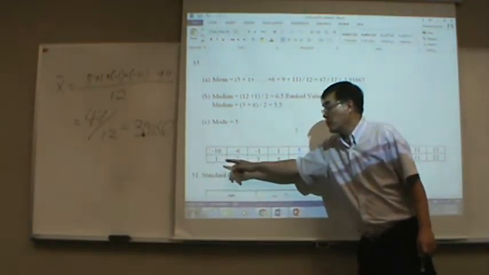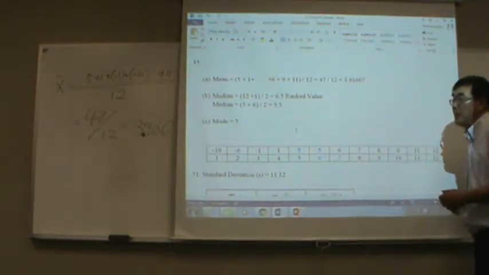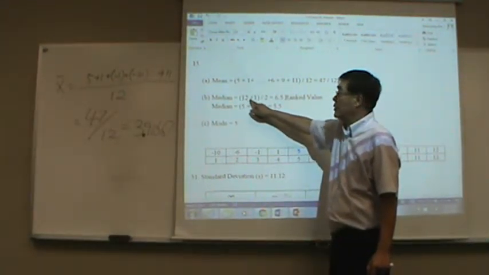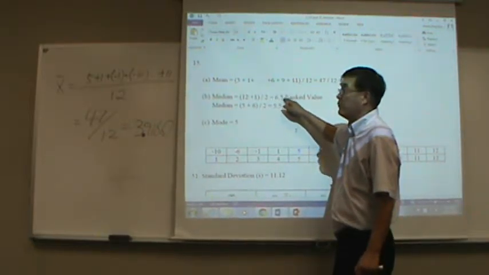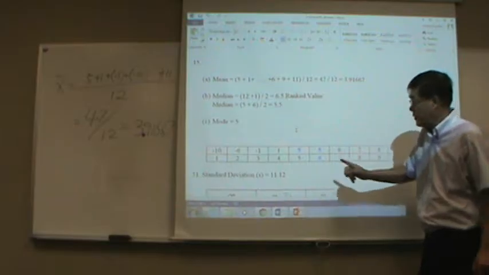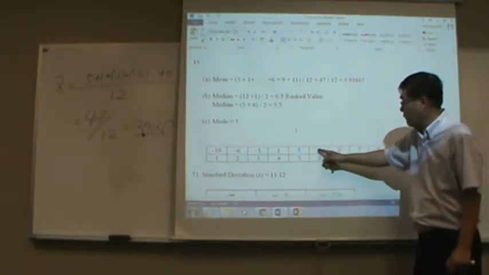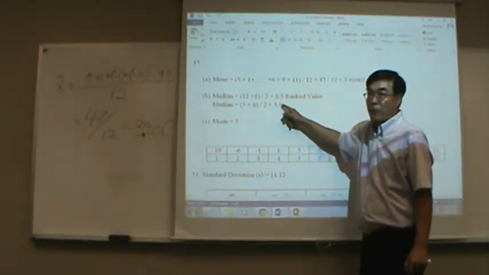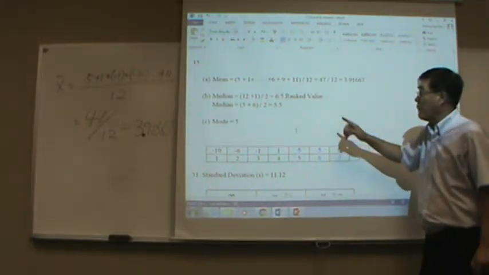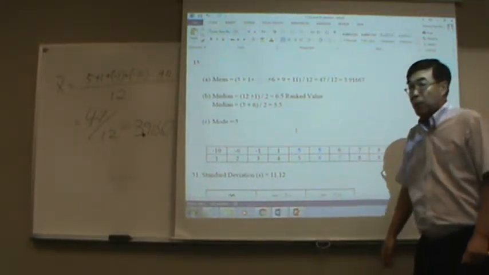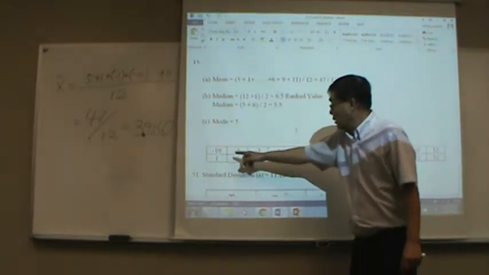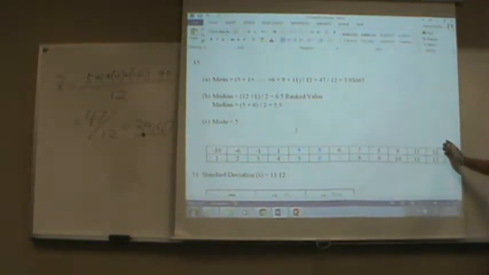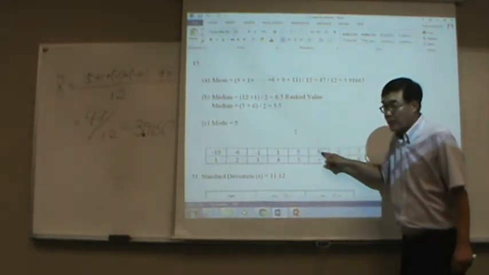Median: n plus 1, so 12 plus 1 divided by 2 is the 6.5 ranked value. 6.5 is between, so take two numbers, 5 and 6. 5 plus 6 divided by 2 equals 5.5. So the median is 5.5. And the mode: 5 appears twice, the others once. So the mode is 5.